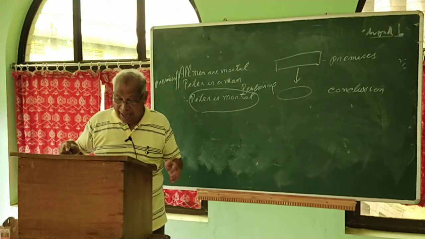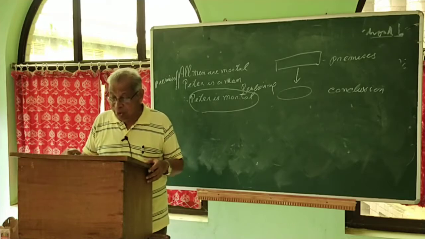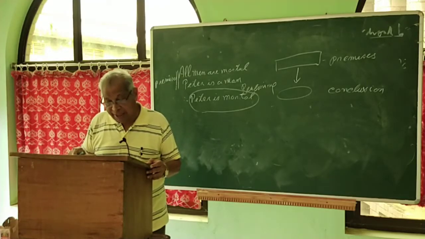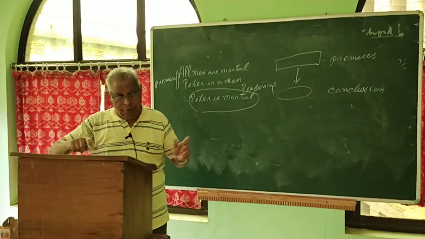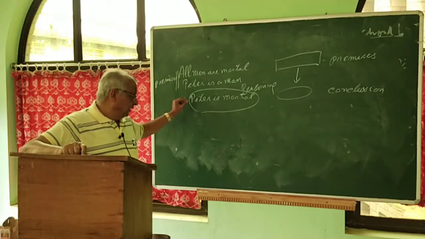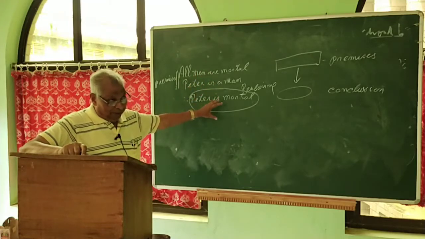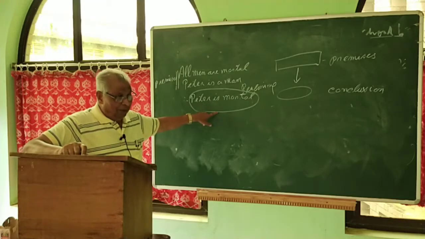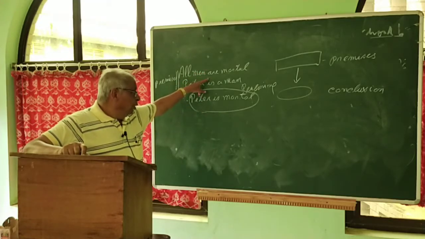So thus, an argument consists of propositions of which one is conclusion and the others are premises. We have already given an example of an argument. One is conclusion. We are arriving at that one. From where? From two premises.